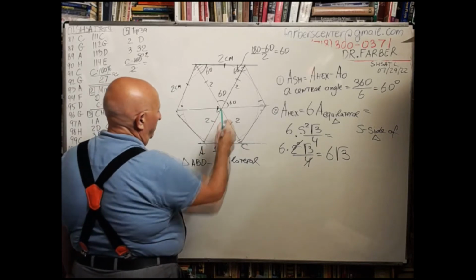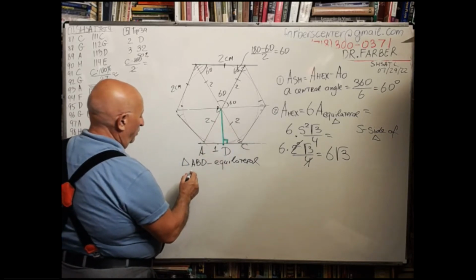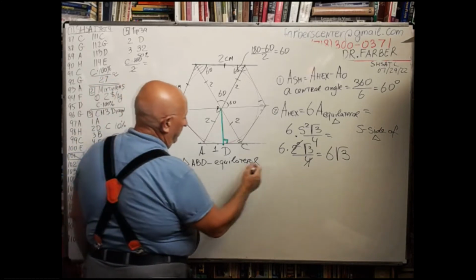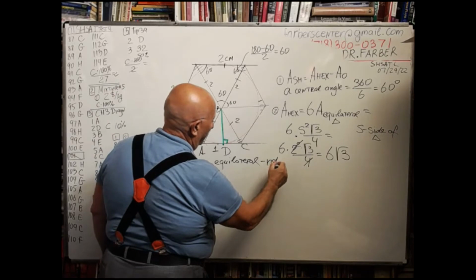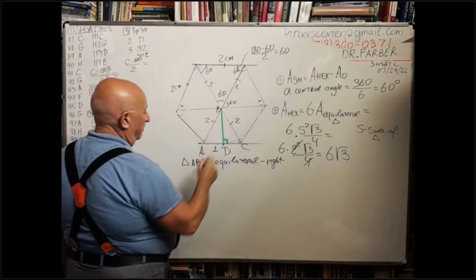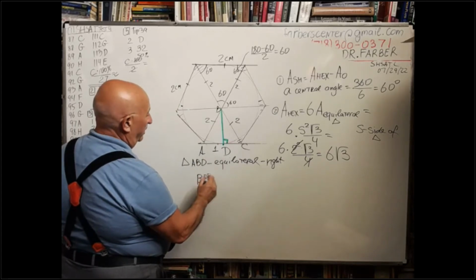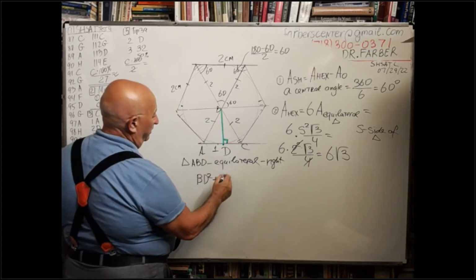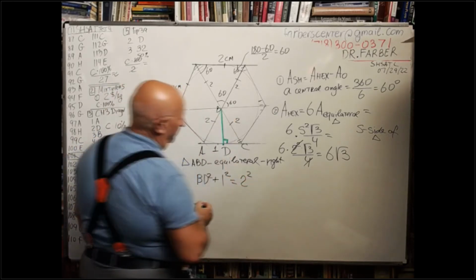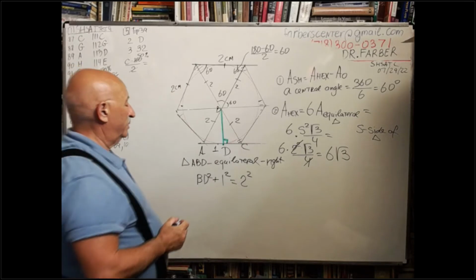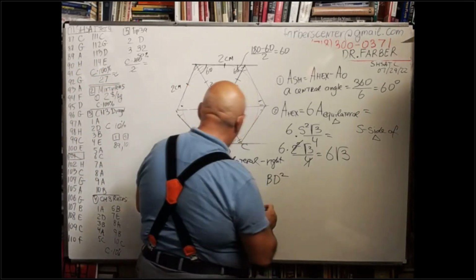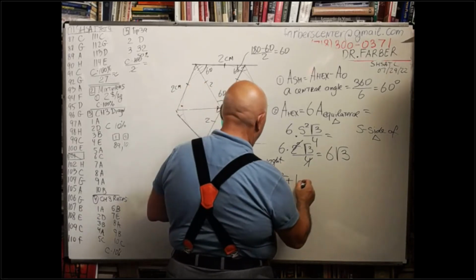Now, how to find BD? So triangle ABD is equilateral, and this is a right triangle. BD to the second, Pythagorean theorem. BD to the second plus 1 to the second equals 2 to the second. Remember? A squared plus B squared equals C squared. Or BD to the second plus 1 equals 4.